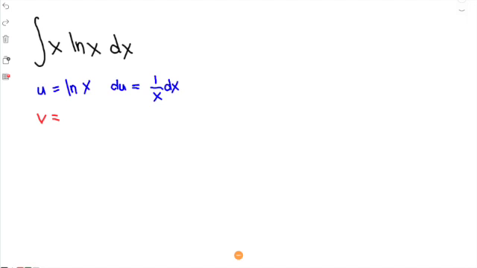Okay, so for v, we write v as what is left. We took ln x, so then v would just be equal to the integral of x dx, or that would be equal to simple power formula, x squared over 2.